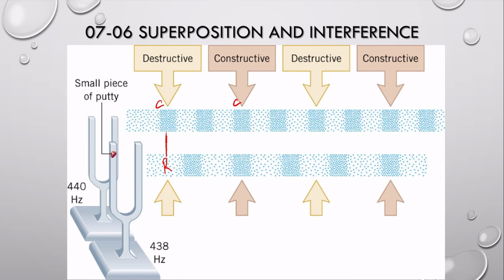Here I have a condensation and a condensation. It's going to be constructive, be louder. And then condensation and rarefaction is going to cancel, destructive. Here, condensation and condensation be louder, constructive interference. So this is going to go from quiet to loud to quiet to loud and back and forth.